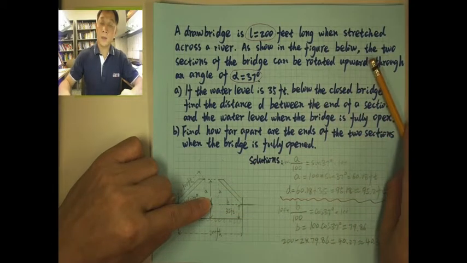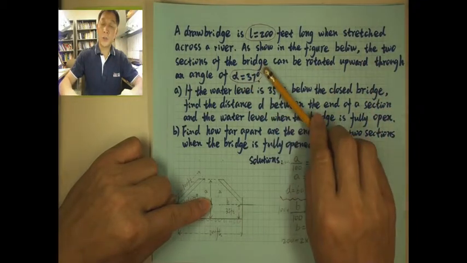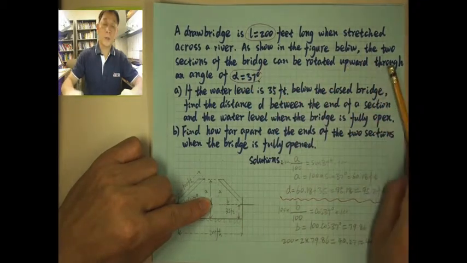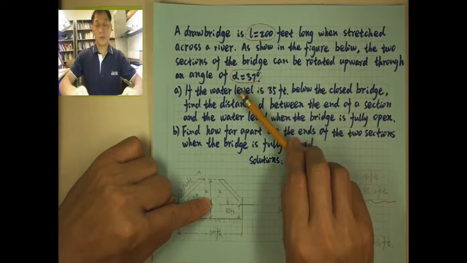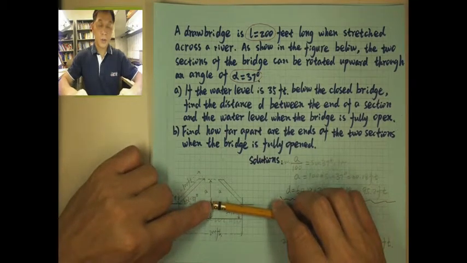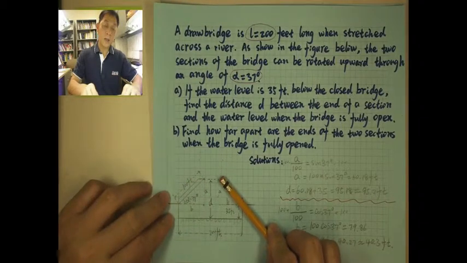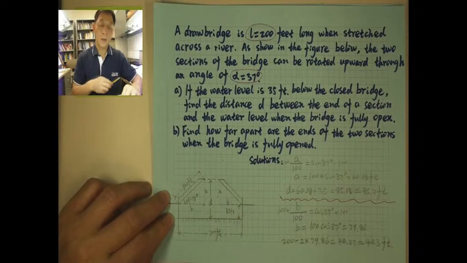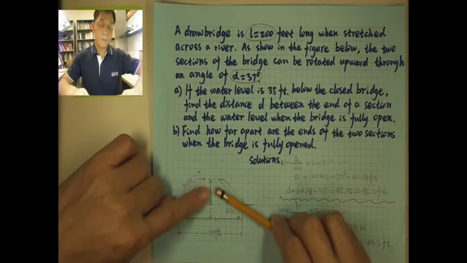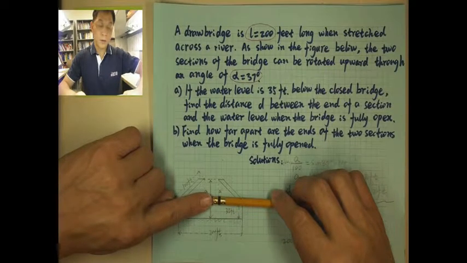And then the two sections of the bridge can be rotated upward through an angle of alpha equals 37 degrees. So this bridge can be raised up like that with the angle 37 degrees. If they closed like that, the gap, that's 200 feet in total.